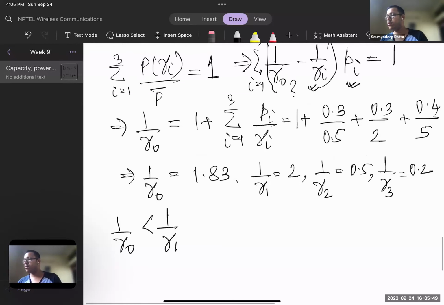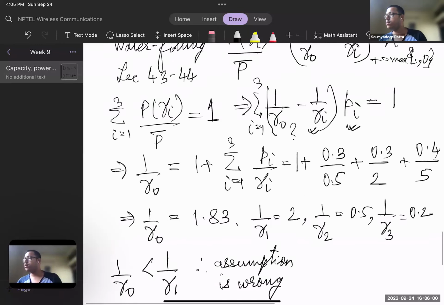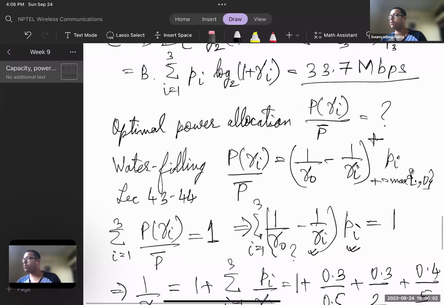Therefore, the assumption is wrong. Why? Because we had assumed while writing this formula itself that all of these terms are positive.